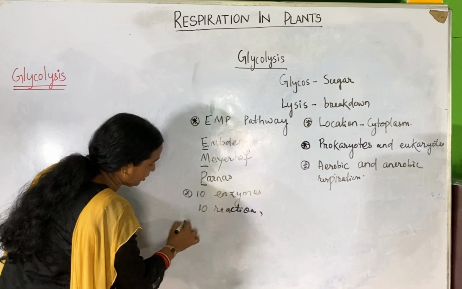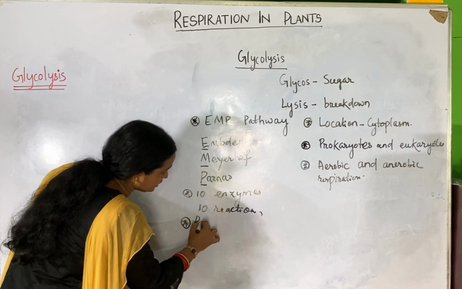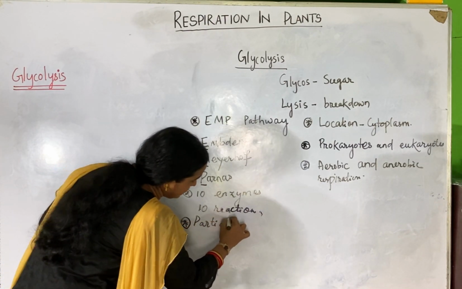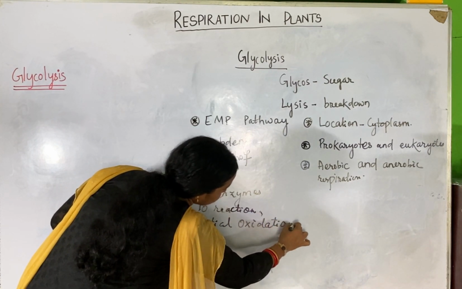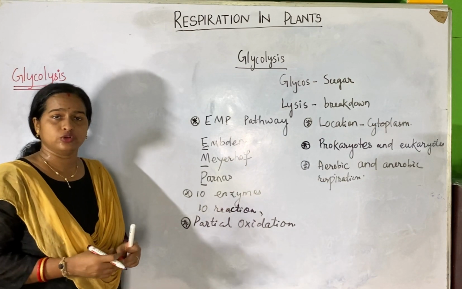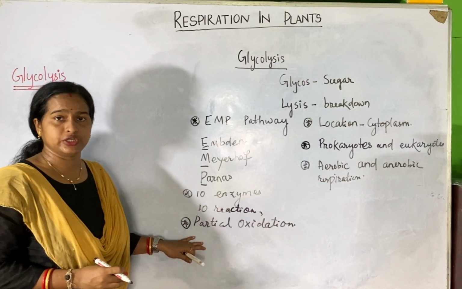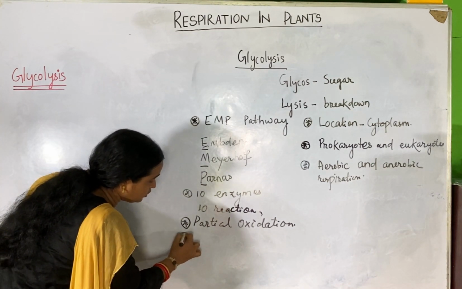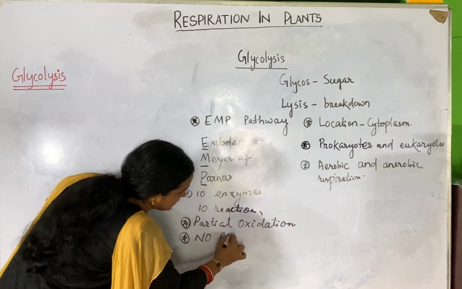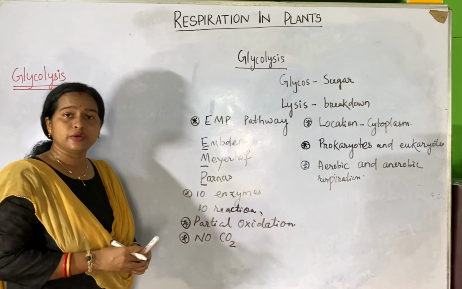And one thing to remember is that it is a partial oxidation of glucose, or a similar hexose molecule. It's not the complete oxidation, that means no carbon dioxide formation occurs in this process.